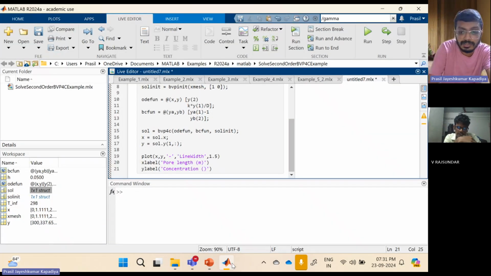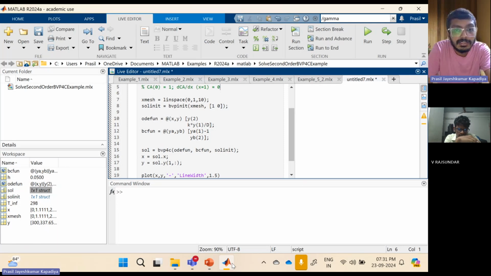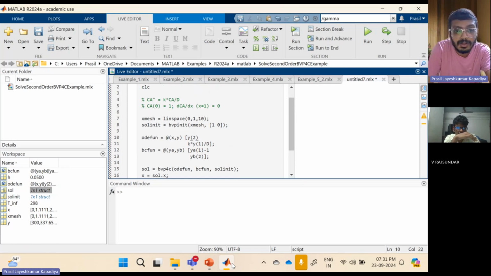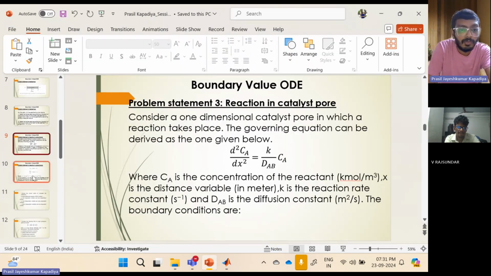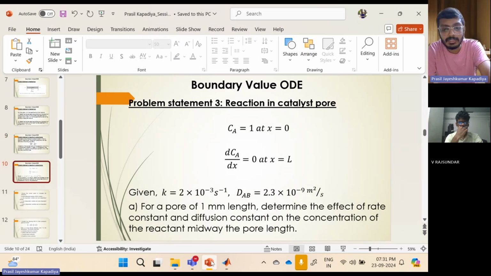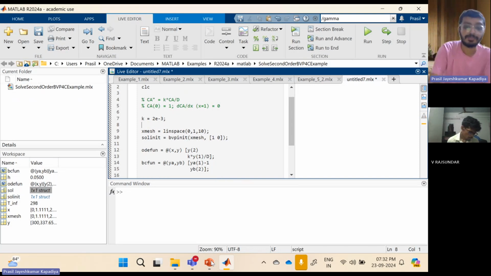Okay, so one thing that we have not defined here is the value of K and the value of D. So let's define K. What is the value of K? 2 into 10 to the power minus 3. So I will write 2e minus 3, which is 2 into 10 to the power minus 3 second inverse.